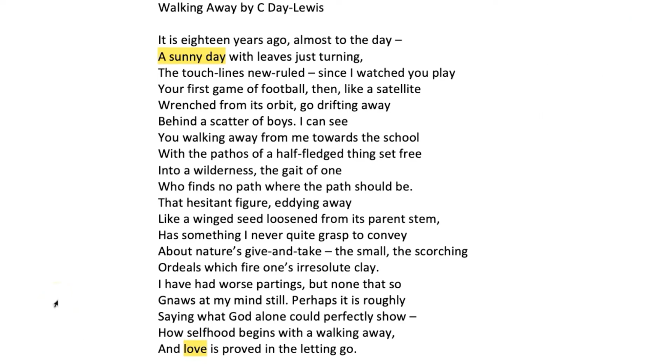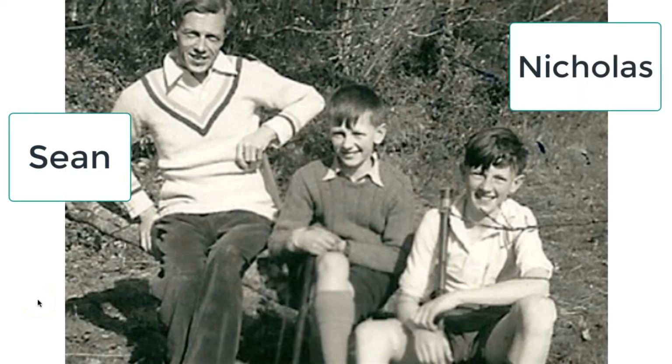It's worth speculating which of his sons Cecil Day-Lewis was writing to. At this stage he had two adult sons. One eventually wrote his biography, so he was a writer. He was called Sean, and the second son was Nicholas, who became an engineer.